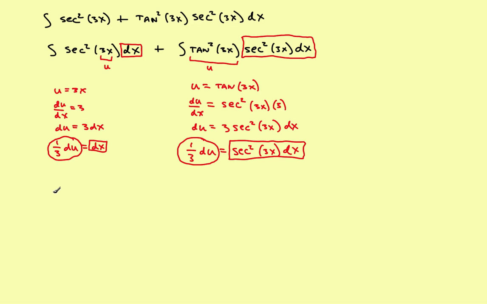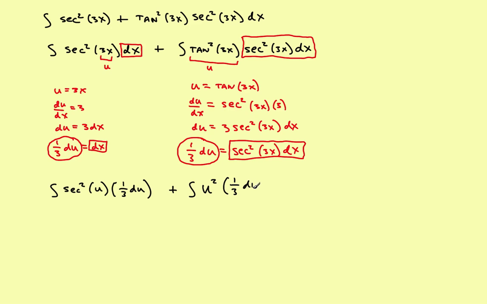Okay, now down here then, this becomes the integral of the secant squared of u, and in place of dx, replace it with 1/3 du. You've got a plus. Then the integral of this one will become the integral of, and here you're replacing u with the entire tangent, so this will just turn into a u squared, and then replace the secant squared dx with 1/3 du.